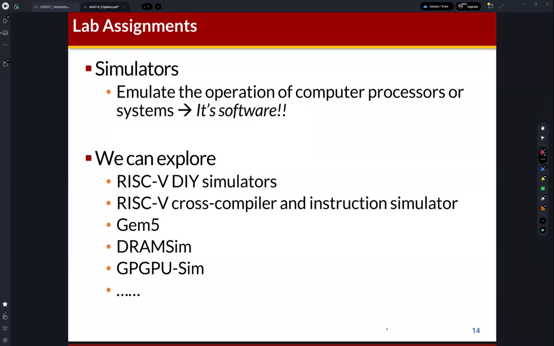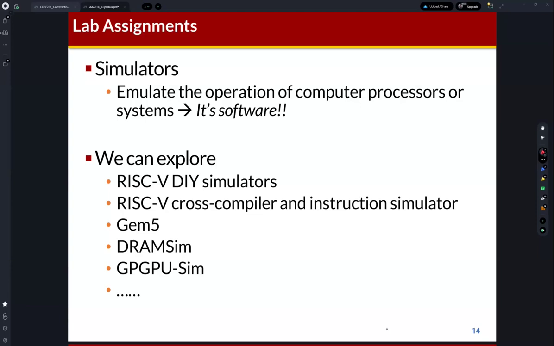So it's very difficult to modify hardware directly. That's why we use simulators, because simulators emulate the operation of computer hardware, computer systems, or computer processes, and then it's software. Which means that we can modify the code, or we can add our ideas. We can modify codes in architectural simulators.